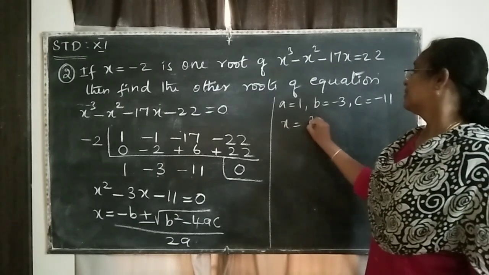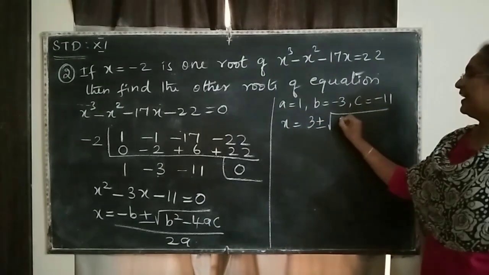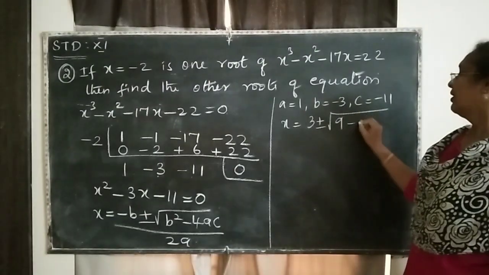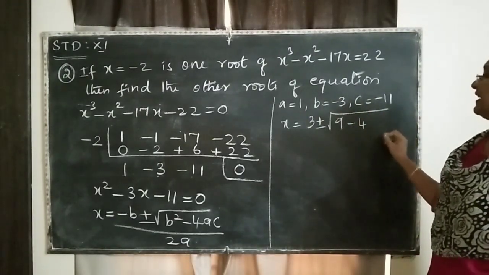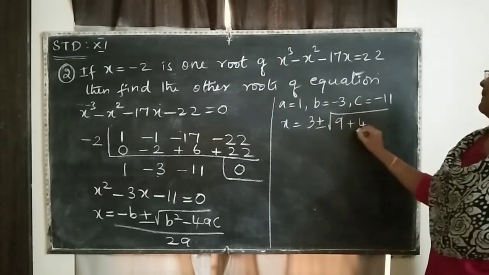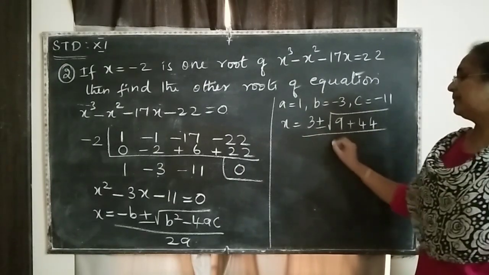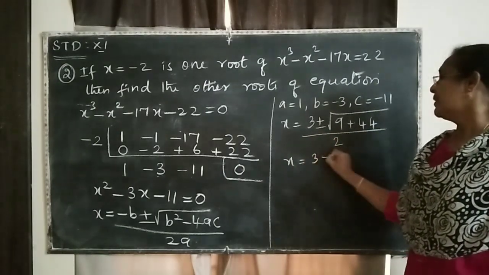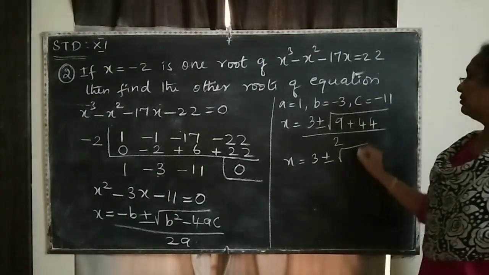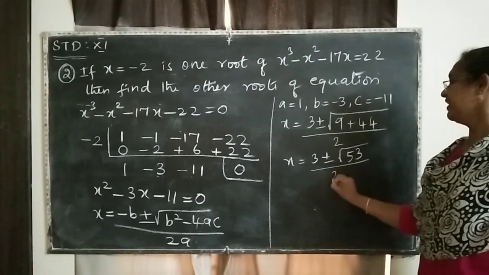So what is the value of x now? Minus b, so 3 plus or minus square root of 9 minus 4 into a is 1, again c is minus 11, so it becomes plus 4 into 11 is 44, the whole divided by 2 into 1 is 2. So what is the answer you will get? 3 plus or minus square root of 53, the whole divided by 2.